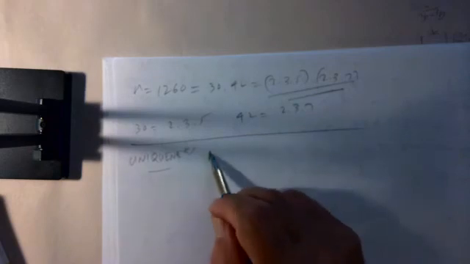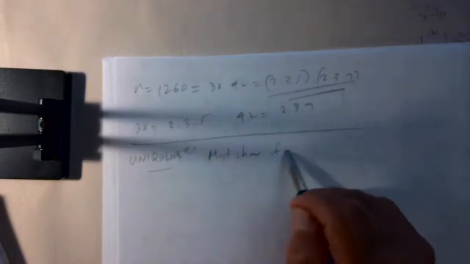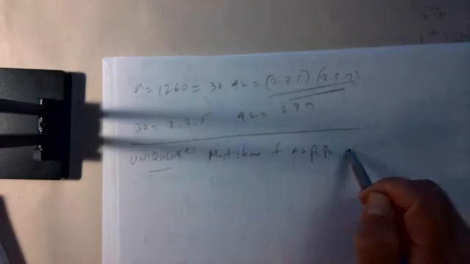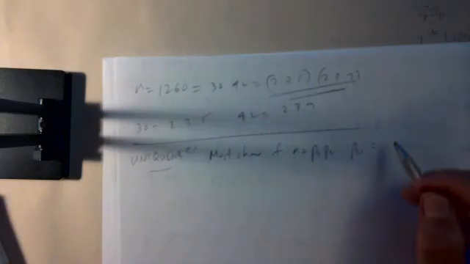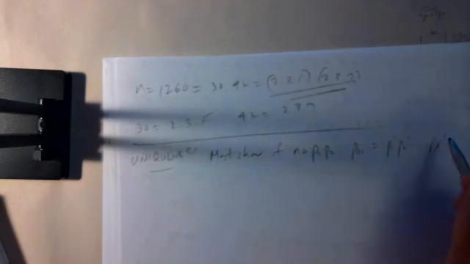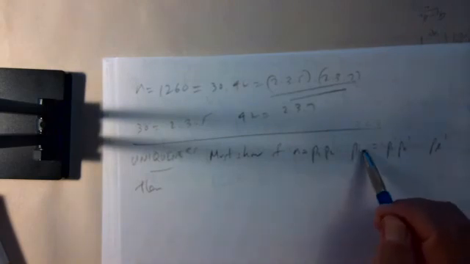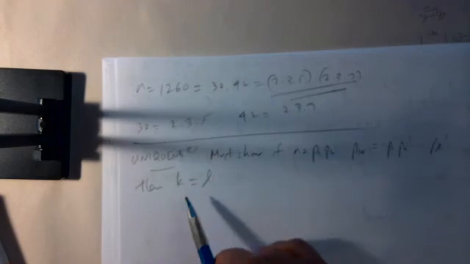So we must show that if n is a product of primes in one way, p1, p2 up to p sub k, and also equal to a product of primes in another way, say p1 prime, p2 prime up to p sub l prime, then the number of primes on each side, k and l, are the same.